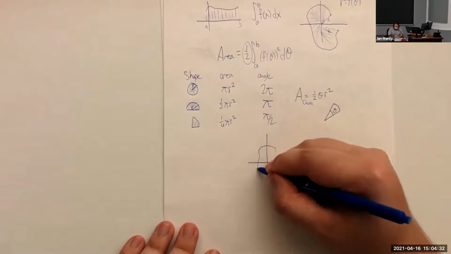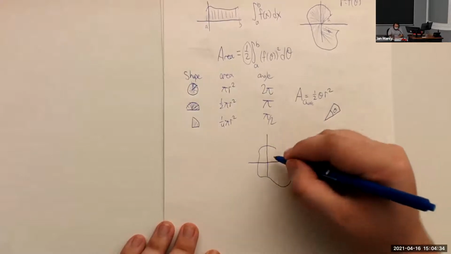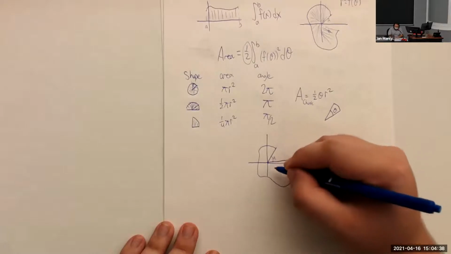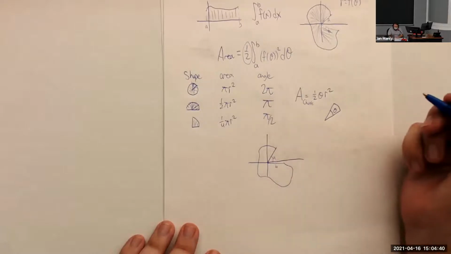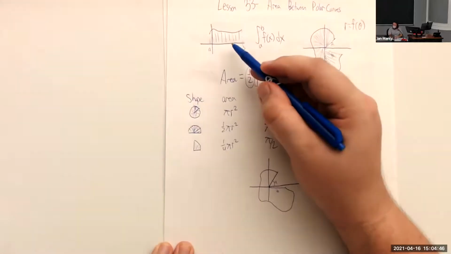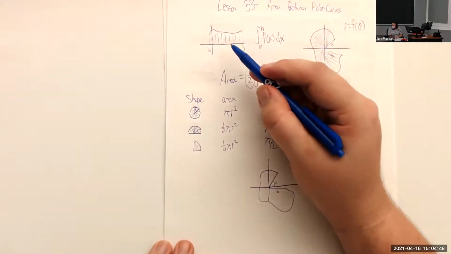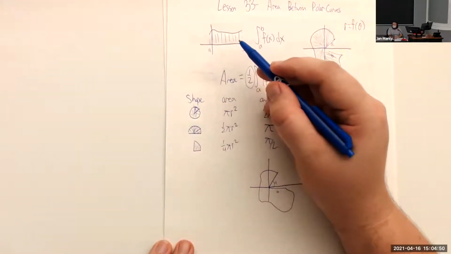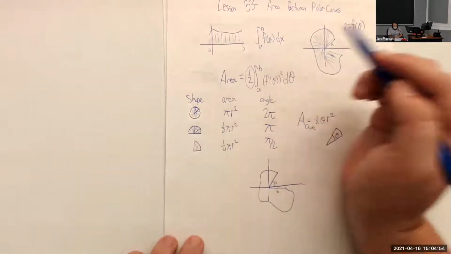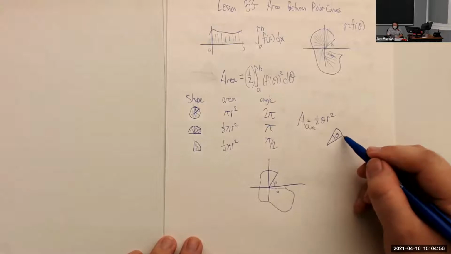Now let's say we have some kind of polar curve spinning around like that. Here's our angle A. We go all the way to angle B here. So what we're going to do is divide this up. Now, when we divided up area before in Calc 1, we divided it into rectangles, right? But what we're going to divide it into now are these very thin circle wedges.